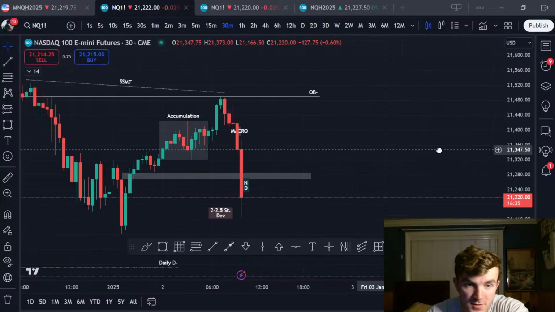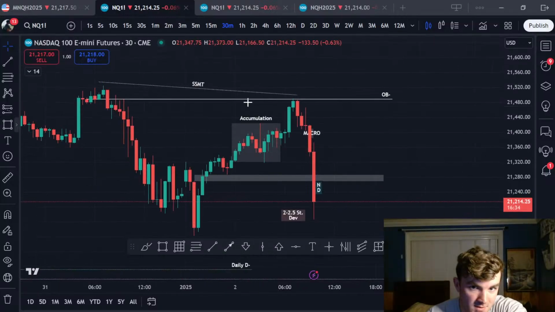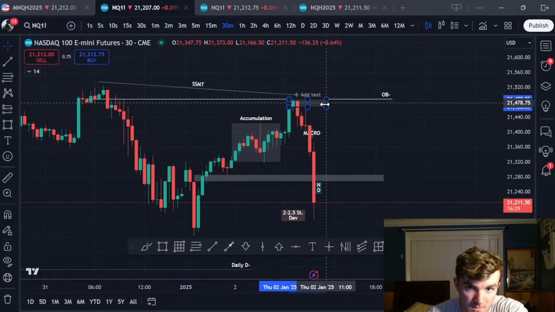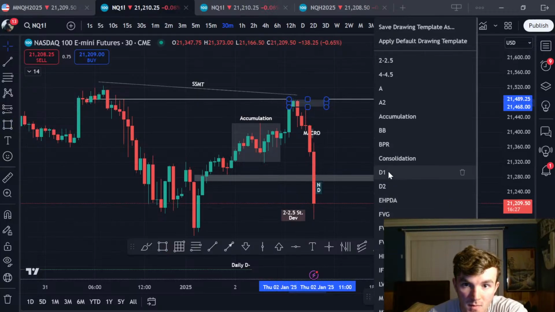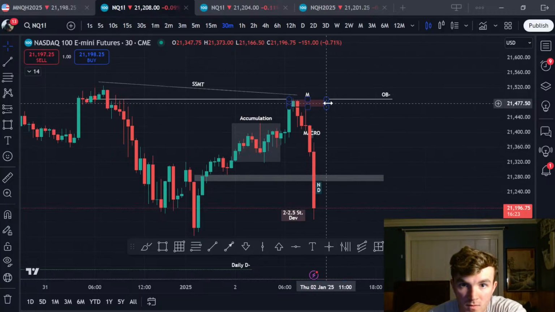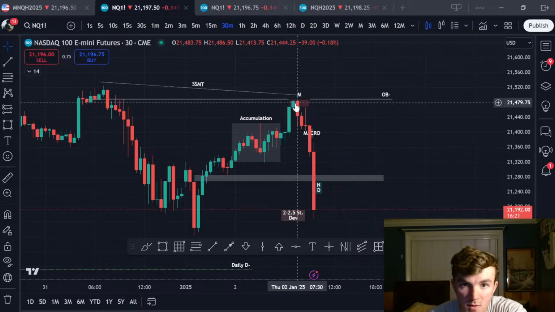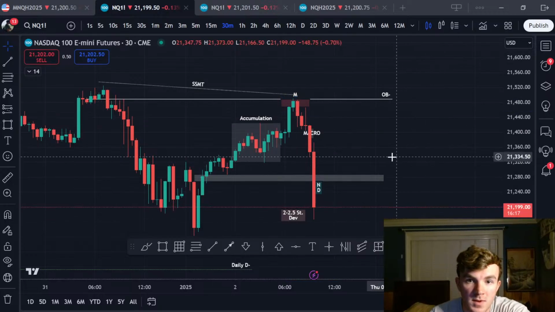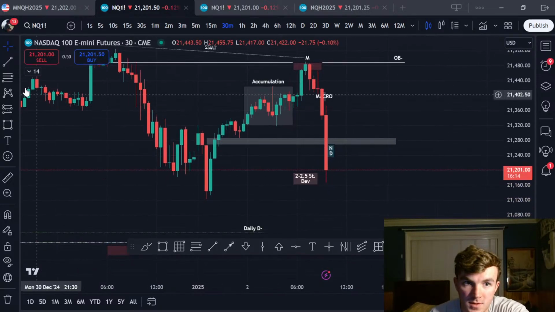Don't ask me what time frame that's on, because it's not really straightforward, but yeah. Accumulation, manipulation, now we're getting distribution.